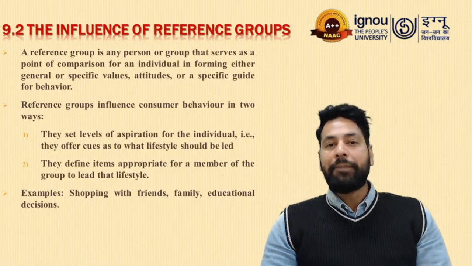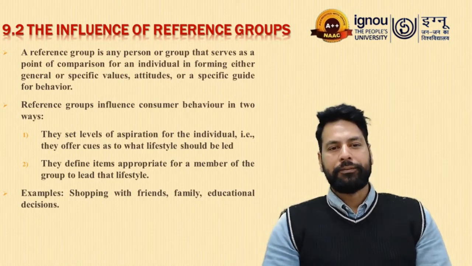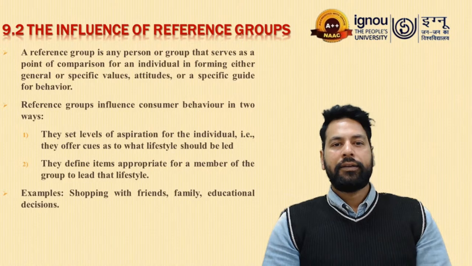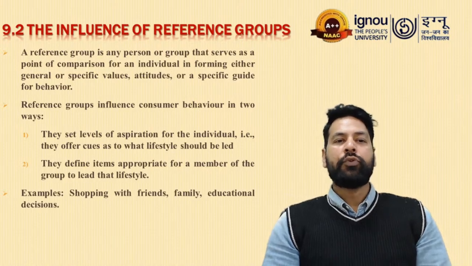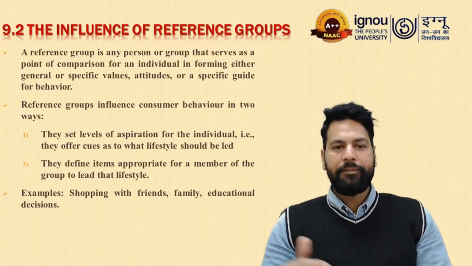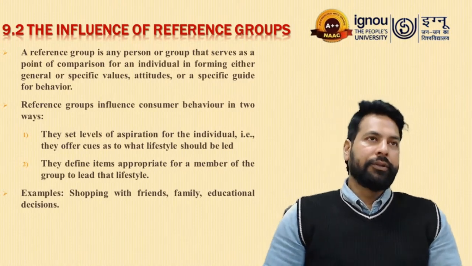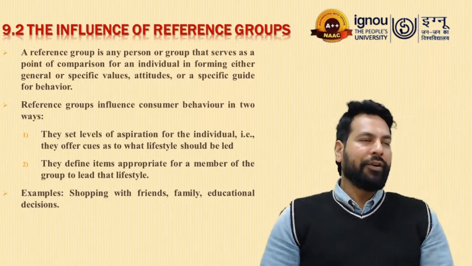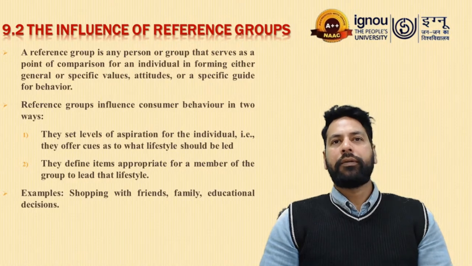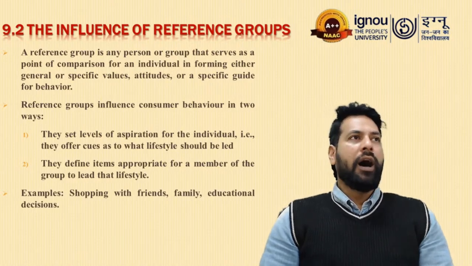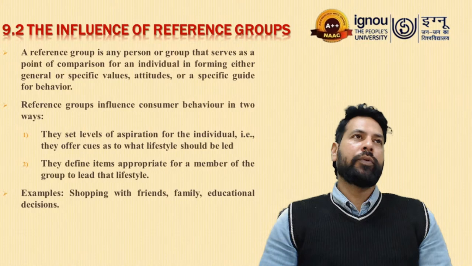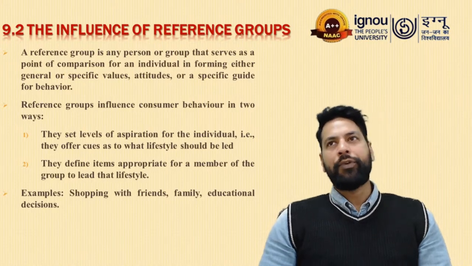Now there are types of reference group. Look at this. Reference group influence consumer in two ways. We all know this thing. You like to copy somebody, you like to be part of that group. So this is how this reference group or the point of comparison influences you.